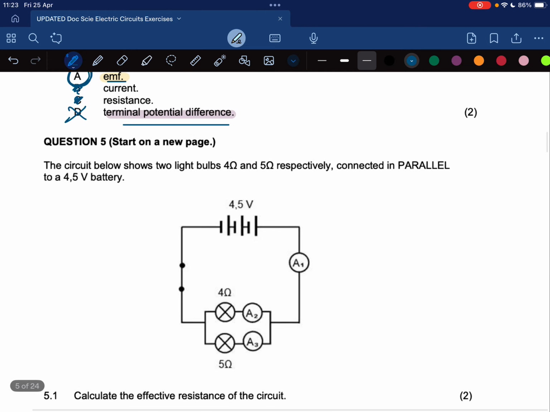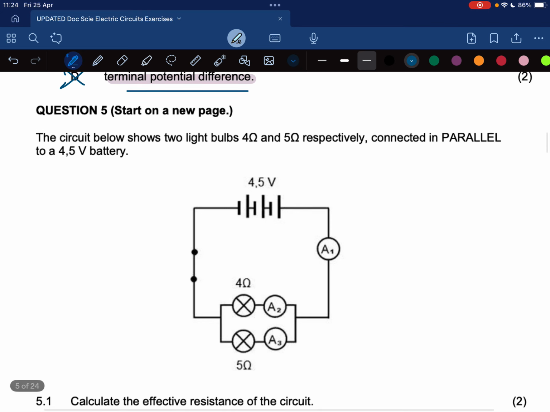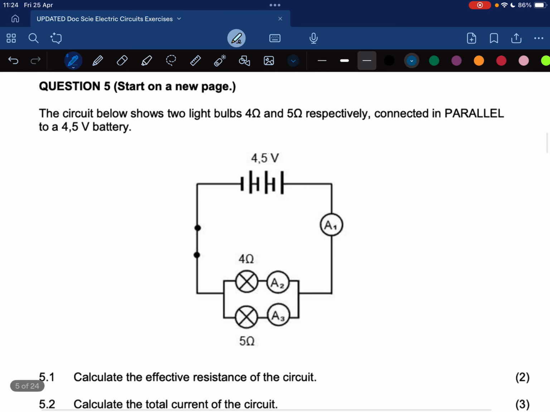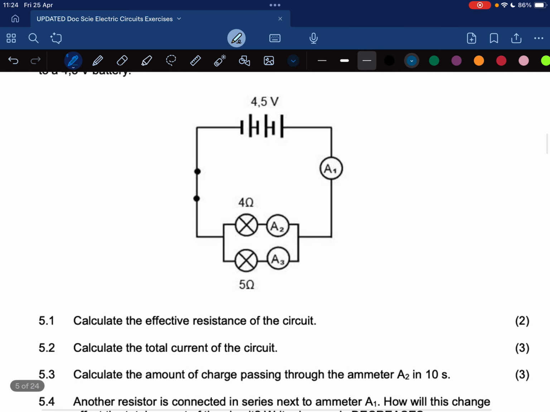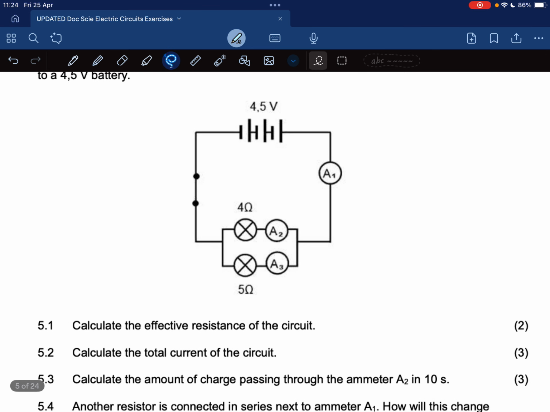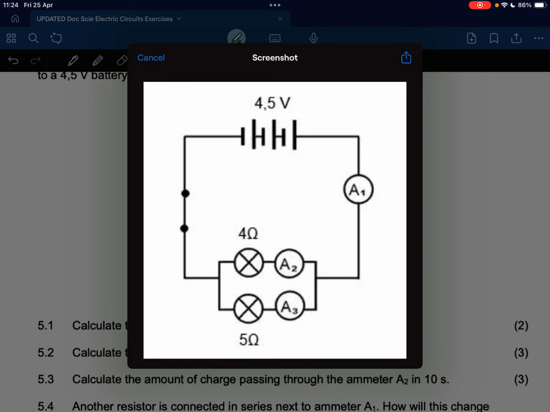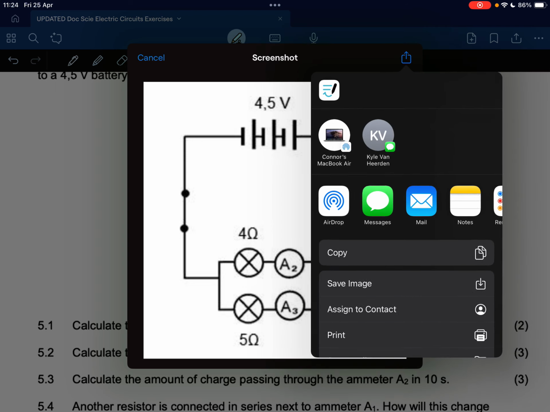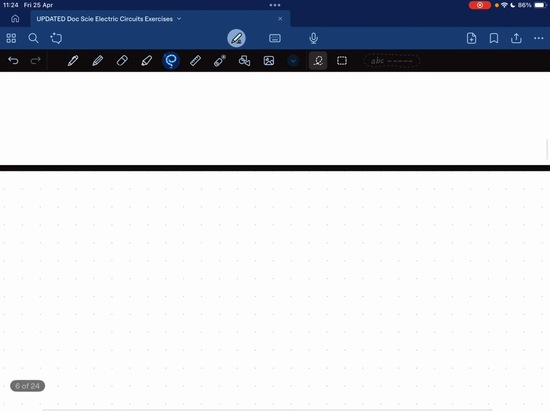Okay, then let's look at question 5. It says the circuit below shows two light bulbs, 4 ohms and 5 ohms, connected in parallel to a 4.5 volt battery. Okay, 5.1 says to calculate the effective resistance of the circuit. Okay, so let me see if I can take a screenshot of the picture.